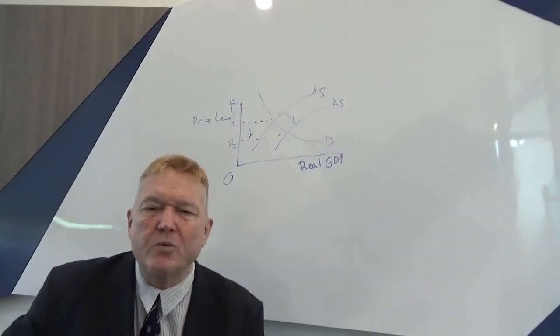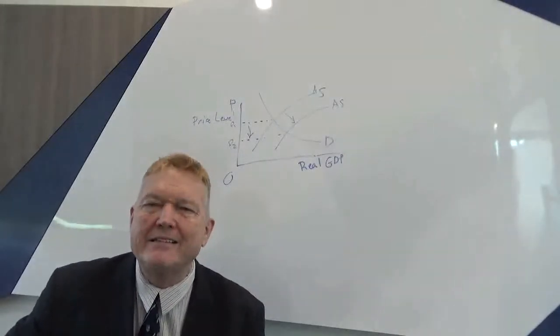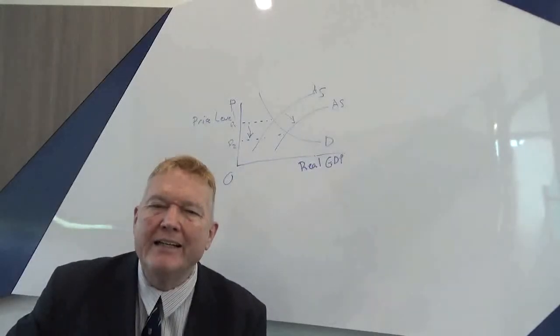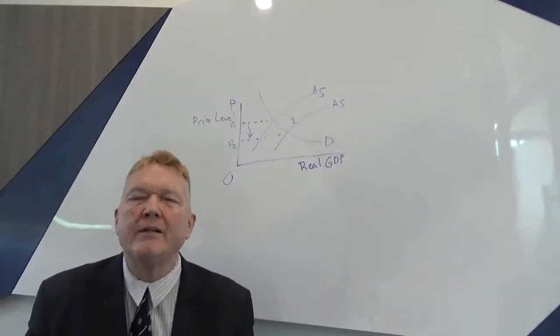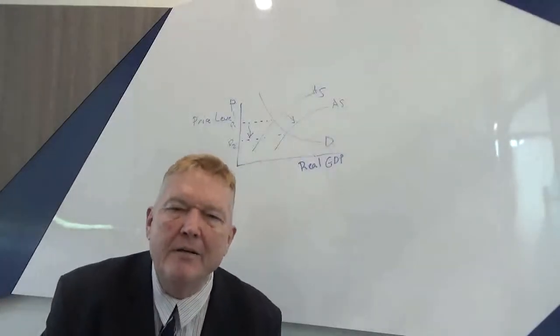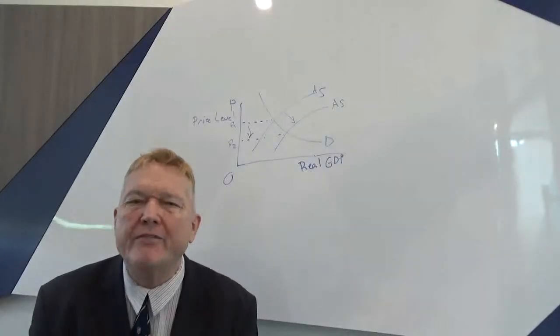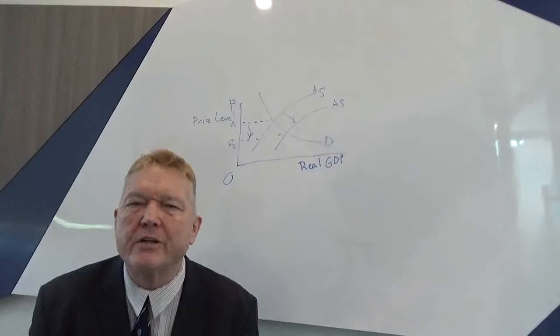Okay, now in situations like hyperinflation, you're going to find that Keynesians and monetarists are probably going to get together and agree that they need to have some form of what they call contractionary monetary policy, which means that they are going to do everything they can to withdraw money out of the circular flow.